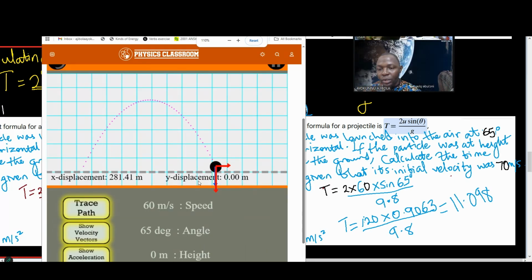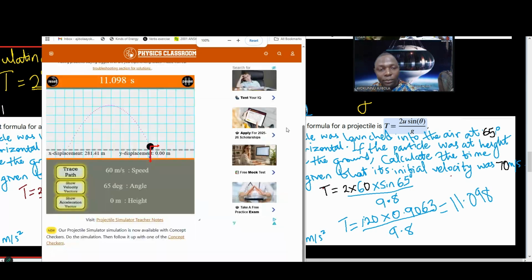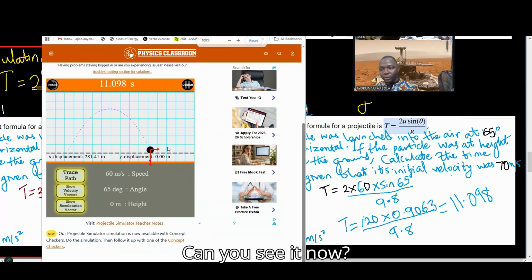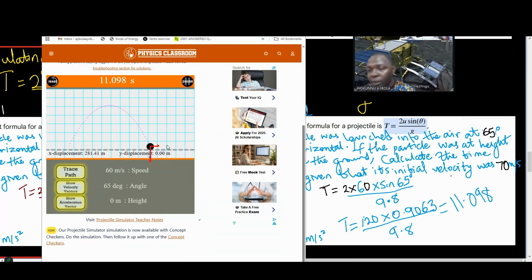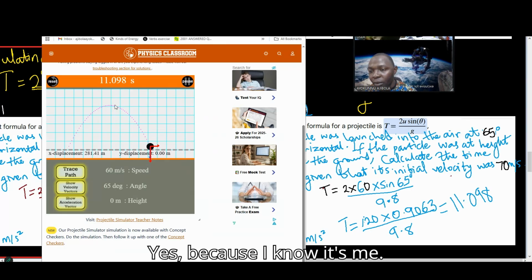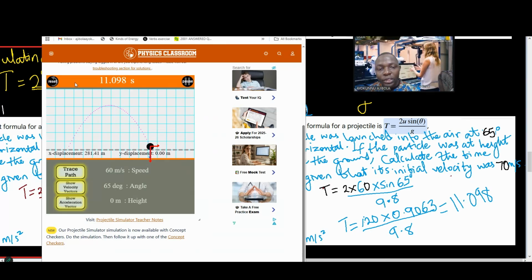So I'm going to move this to the board now. Let me copy it to the board. Okay, write down the second question, second example.